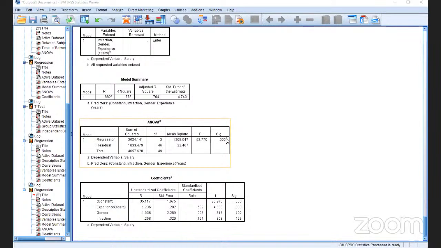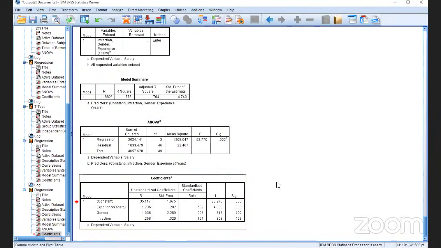Here we are taking three independent variables: experience, gender, and interaction. So there is a significant impact. But through the coefficient table, we will find which particular independent variable is significantly contributing or not. Here, in model one, we can see experience.